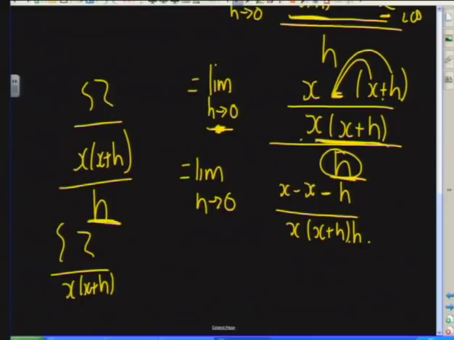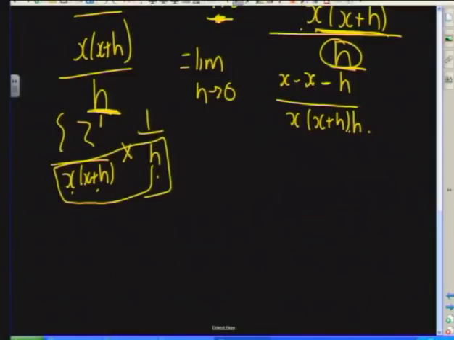And then this, remember whenever you're dividing, you tip it and times. So it's going to be times, this is h over 1. If I tip it over, it's going to become times 1 over h. And so you see, they all just get multiplied together. So it's going to be x times x plus h times h in the denominator. So you can write it like that immediately. If you don't like to do it that way, you can do it the long way, and you can keep the h right till the end and then simplify in the end.